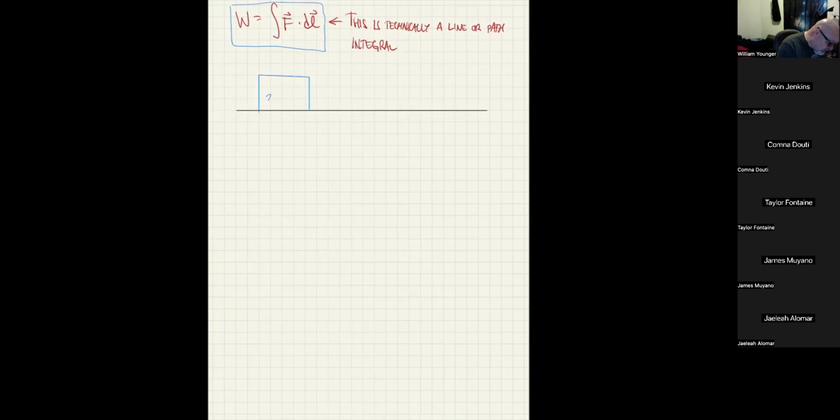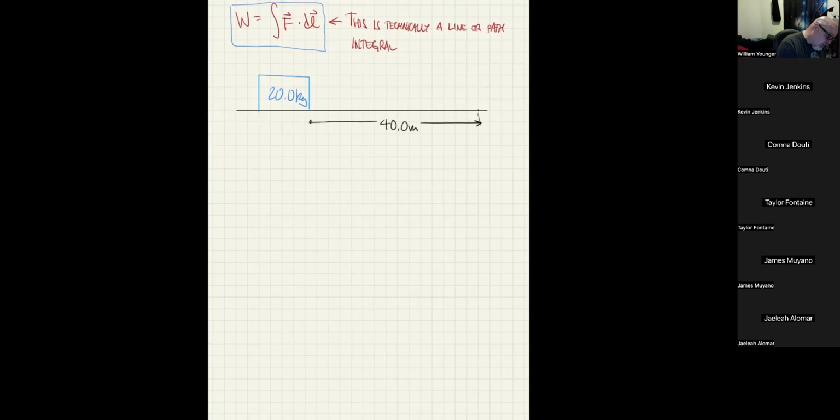This box has a mass of 20.0 kilograms. And I plan to pull it from here to here, 40 meters away.